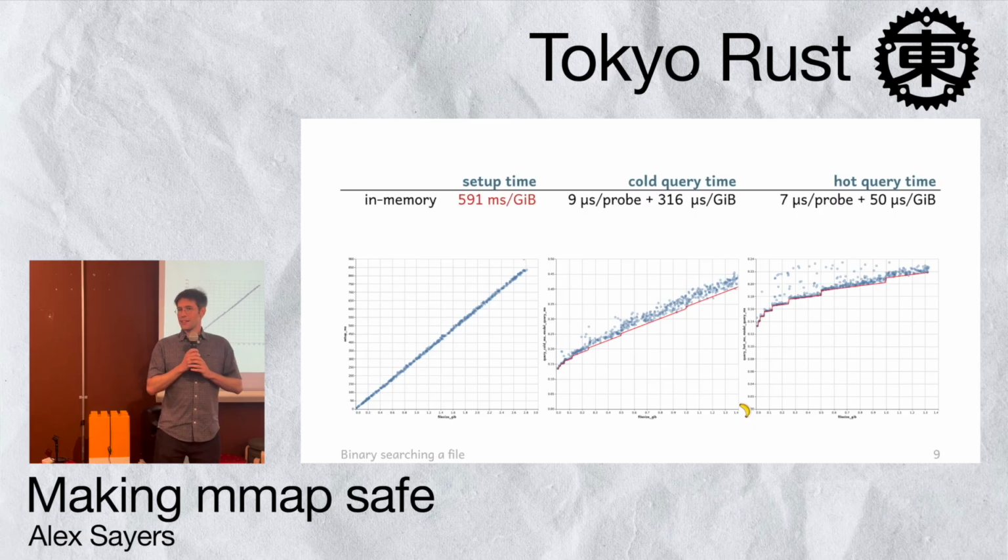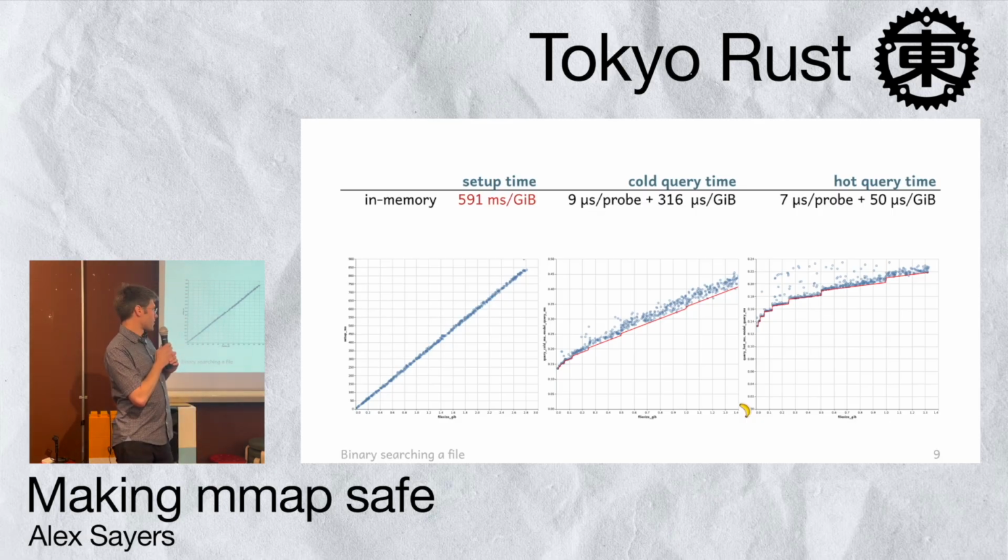Alex, what are the axis labels? It's quite small. Can you read it? What's the x-axis on the first graph? The x-axis on all three graphs is the size of the file. The first graph is the setup time. The y-axis in all three is milliseconds.